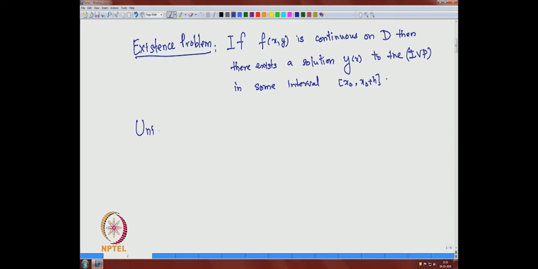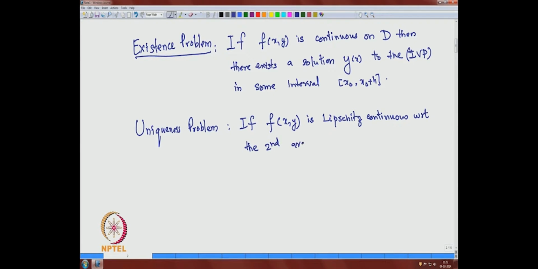Now, the uniqueness problem. So, if f(x, y) is Lipschitz continuous with respect to the second argument, y, on the domain D, then the initial value problem has a unique solution.